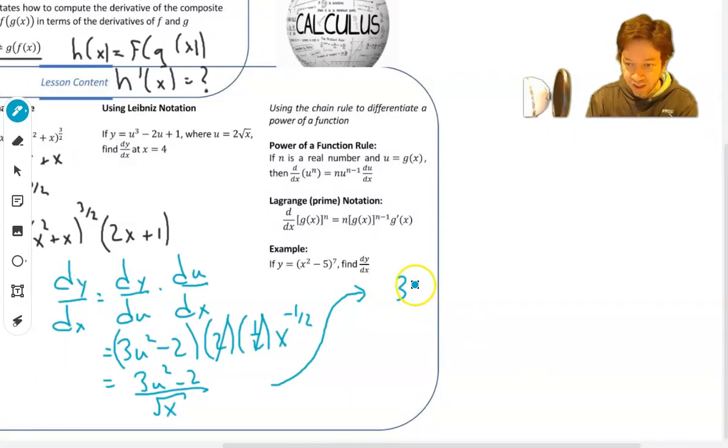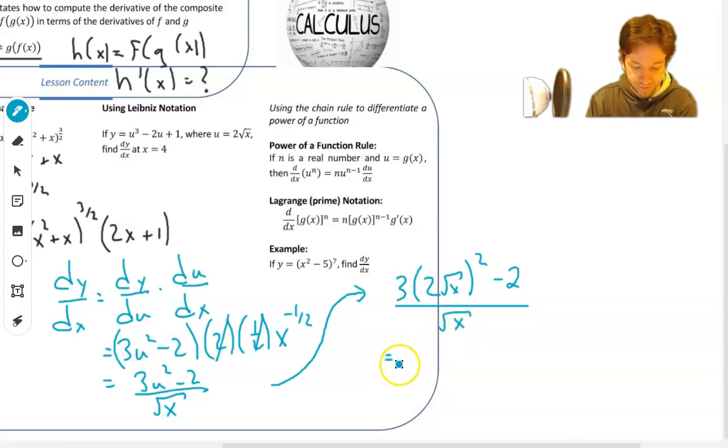So we have 3. This is (2 root x) all squared minus 2 over root x. Okay, you square that, you have 2 squared, which is 4, times 3, which is 12. Root x squared just becomes x, right? And then we have minus 2 all over root x.